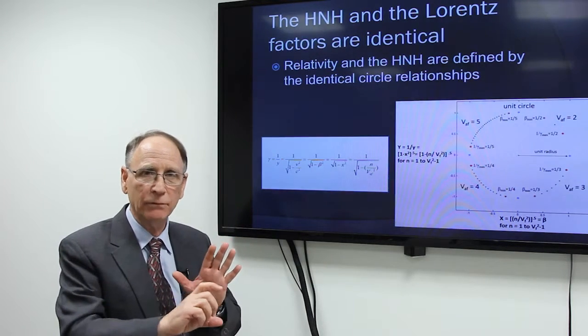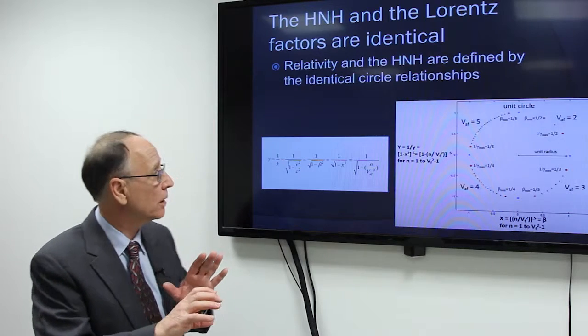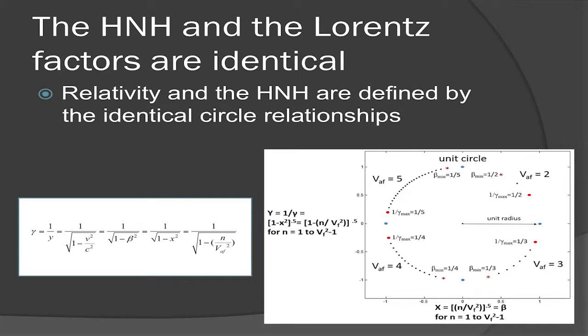So this is completely related to a circular relationship. If you plot this inside of the model, you end up with a circle. This whole model, if you recall, is defined by the properties of a circle. So everything within relativity is actually defined exactly inside the definition at the very basis of the model.